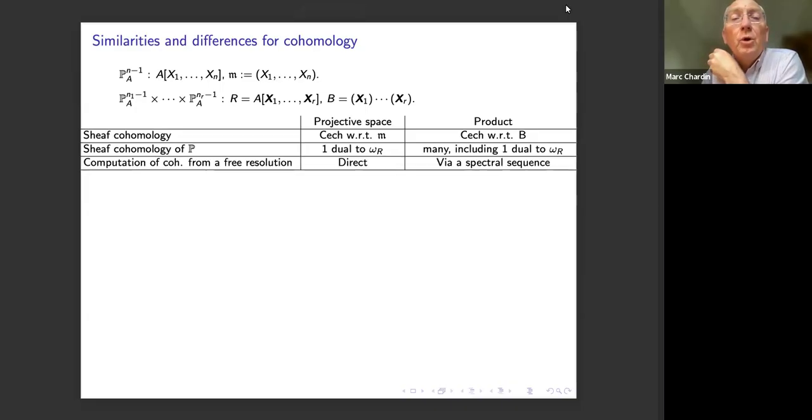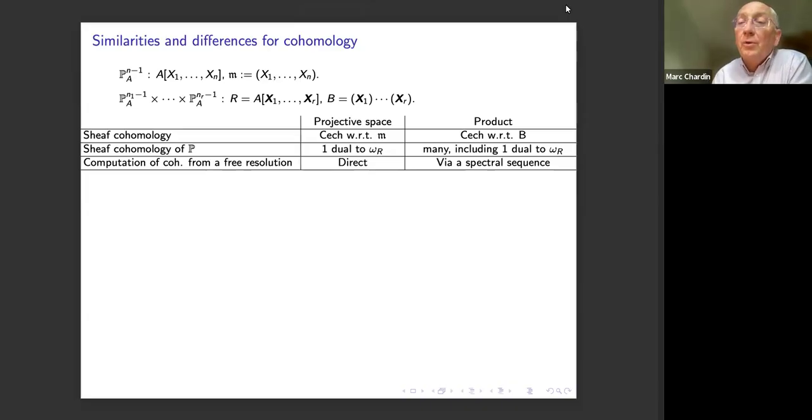In particular, if you want to compute the cohomology from a free resolution of your module, it's quite a direct computation in the case of projective space. If you want the cohomology in some degree, you take some graded piece, transpose some matrices, and compute cohomology. It's a very direct computation.